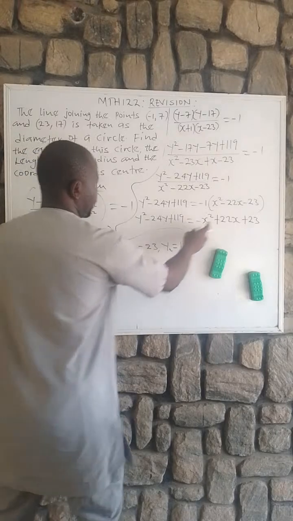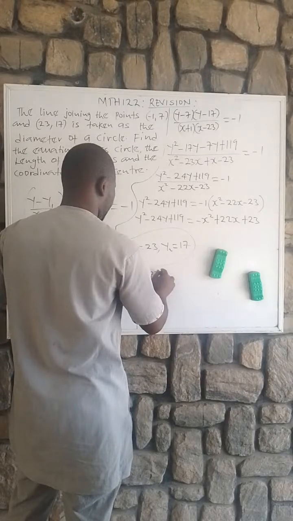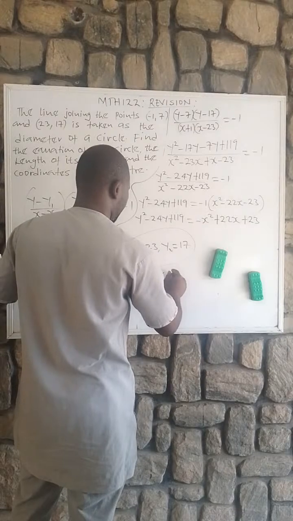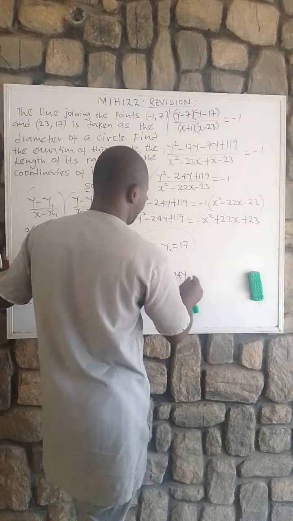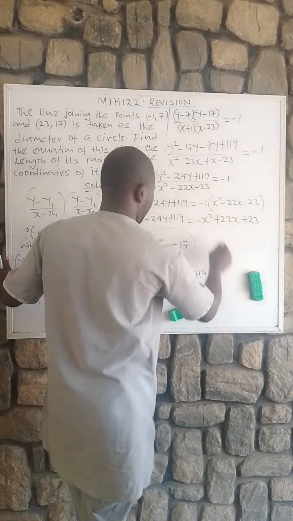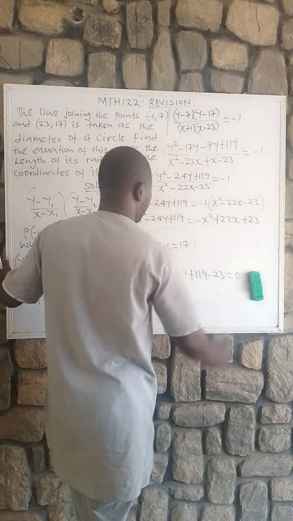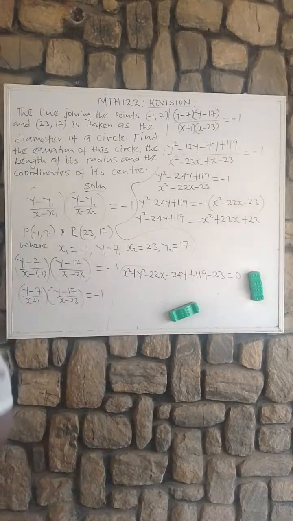Then this one crossing the sign of equality becomes minus 22x, and we have minus 24y. Then plus 119. This one crossing the sign of equality becomes minus 23 equals to 0. True or false? Am I right? It's true, right?